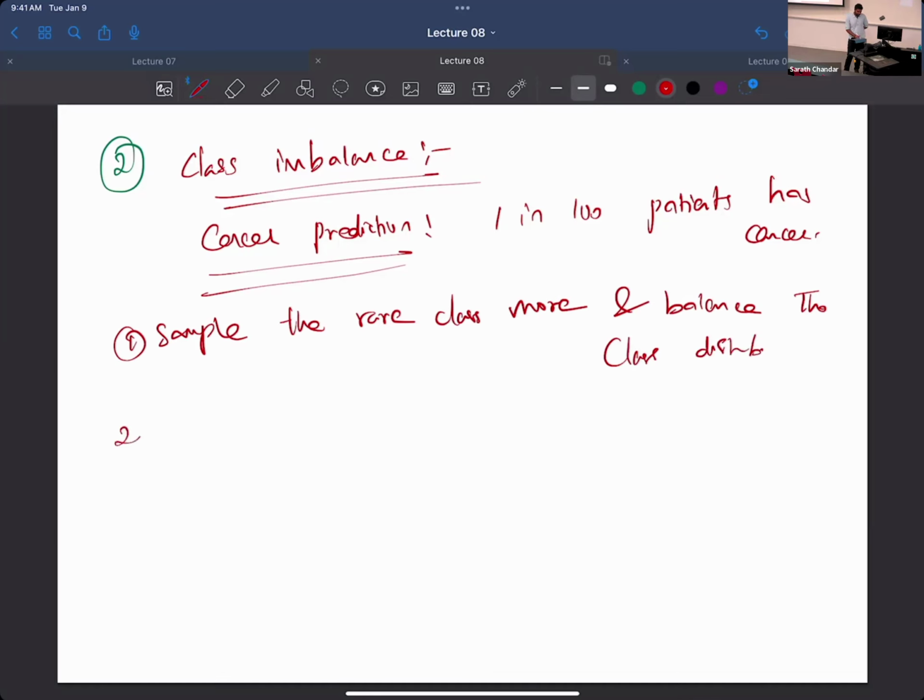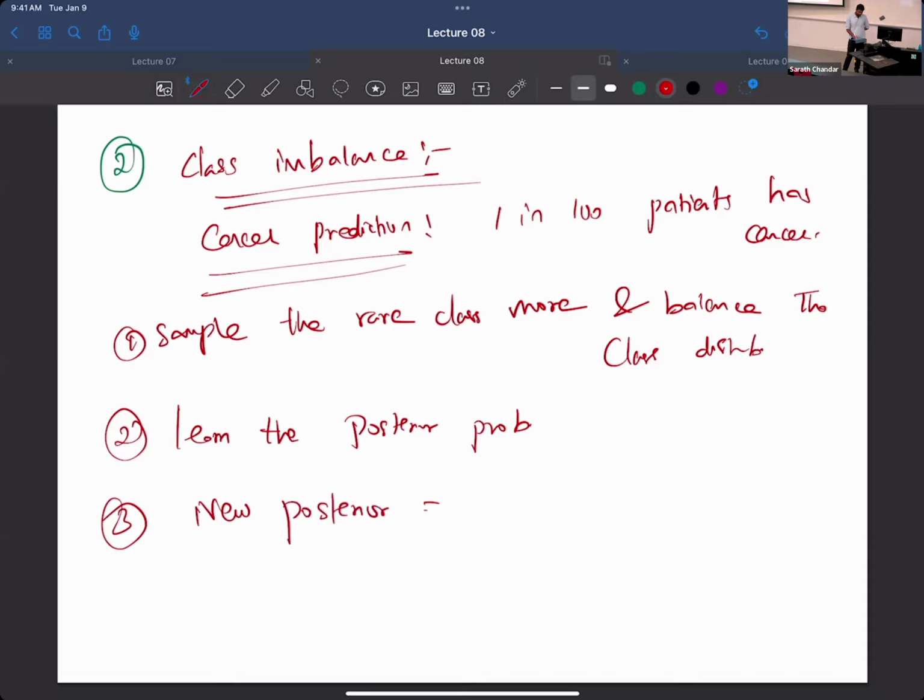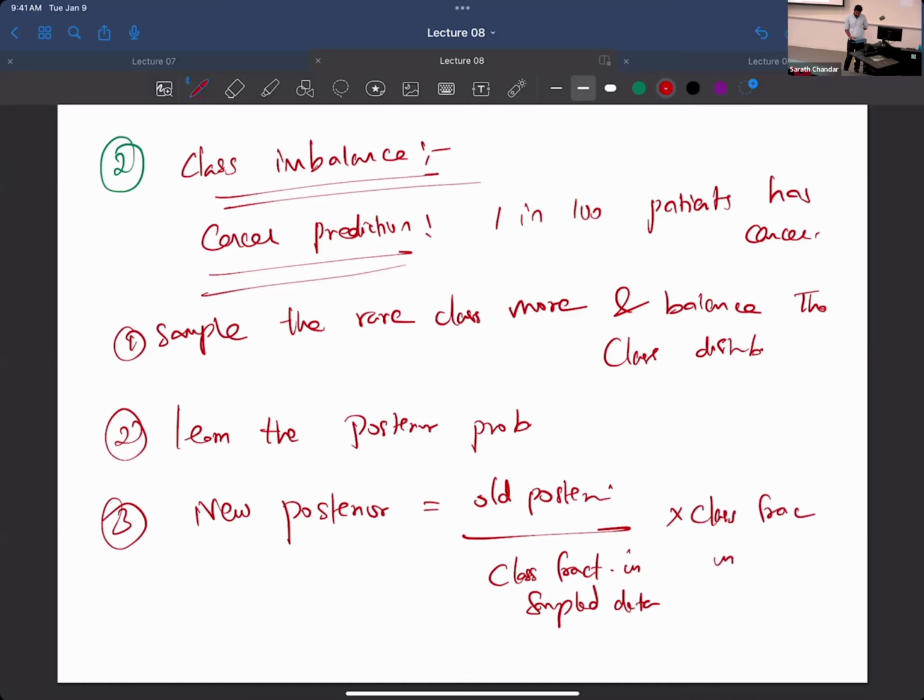Then I'm going to learn the posterior probability. Then I can compute the new posterior as the learned posterior divided by the class fraction in the sampled data, multiplied by the class fraction in the original data.